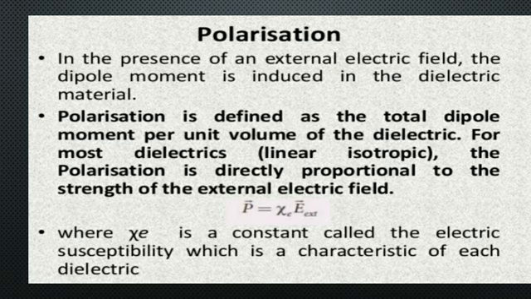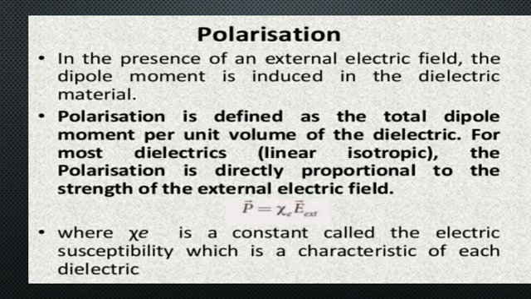So what is polarization? The total dipole moment per unit volume of the dielectric. The polarization is directly proportional to the strength of the external electric field, so based on the external electric field only, the dipole moments are induced inside the material.